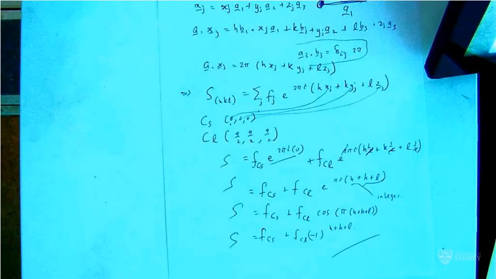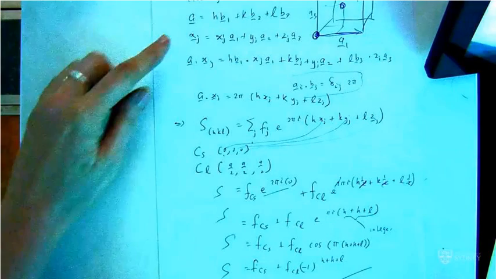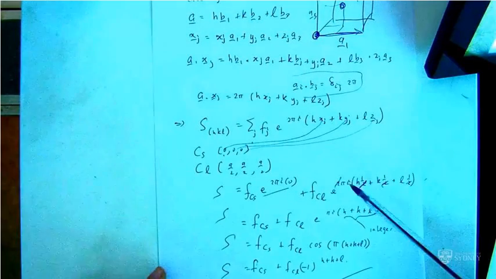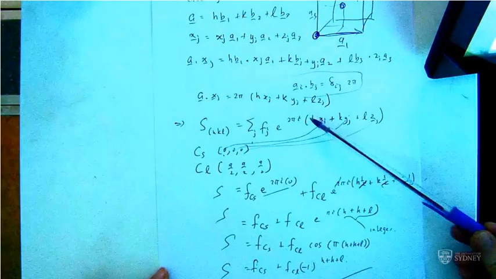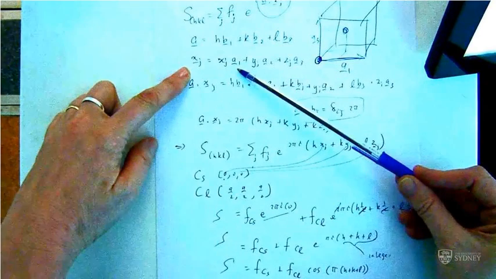Yes? Sorry, what happens to the a? Oh, the a. I think it drops out because we are defining the positions in terms of the a vectors.